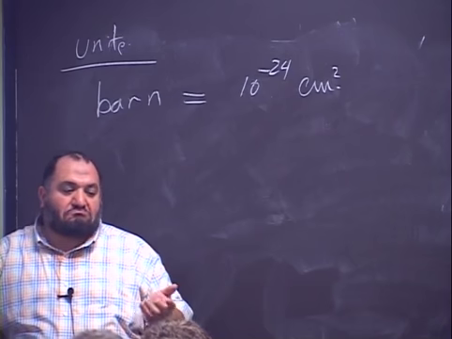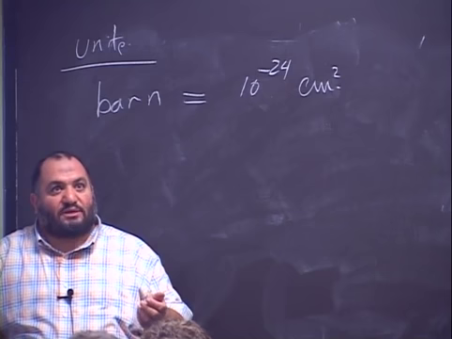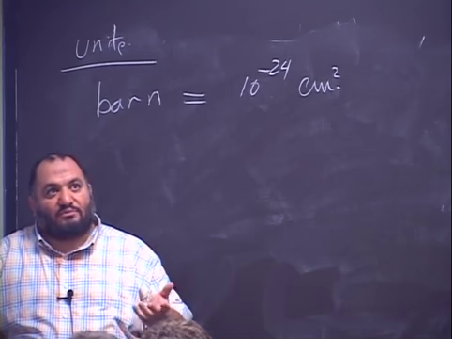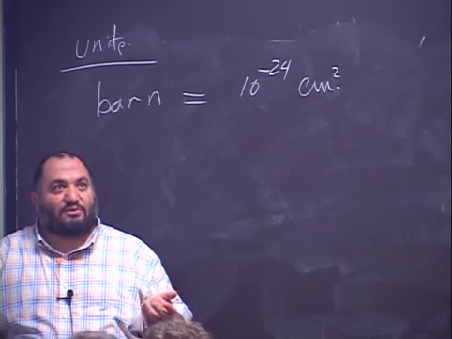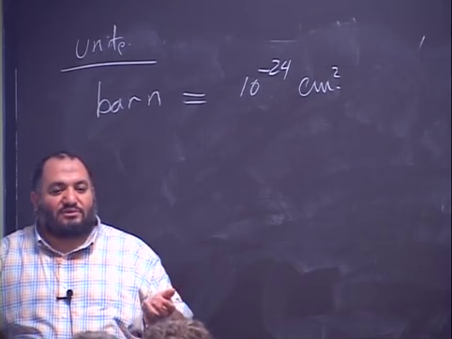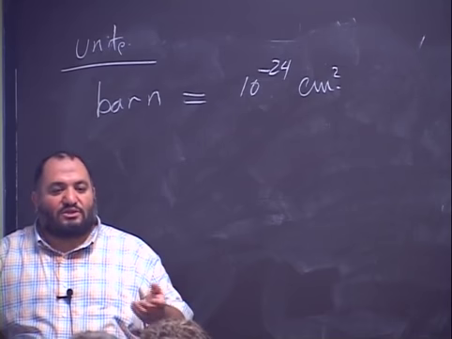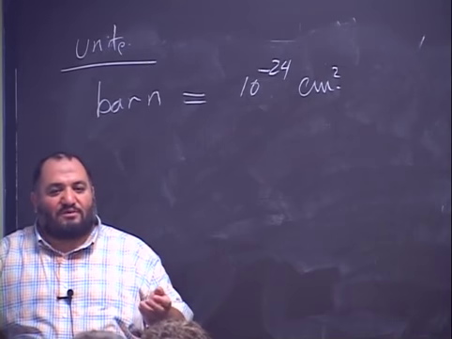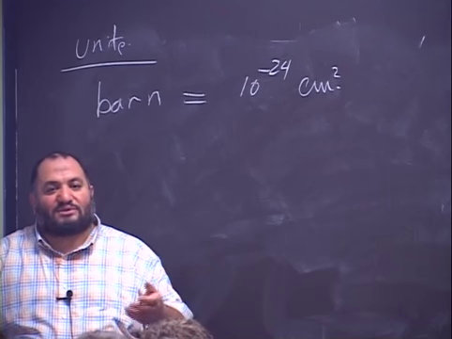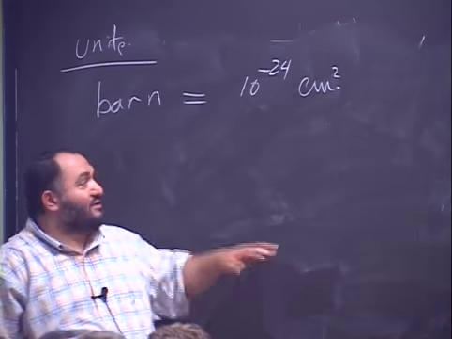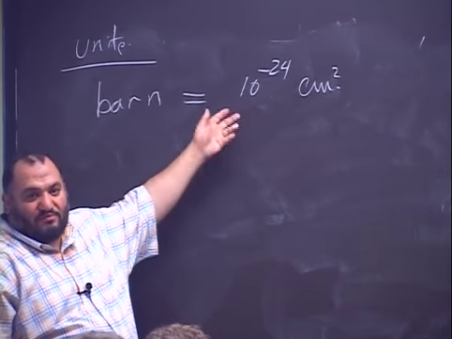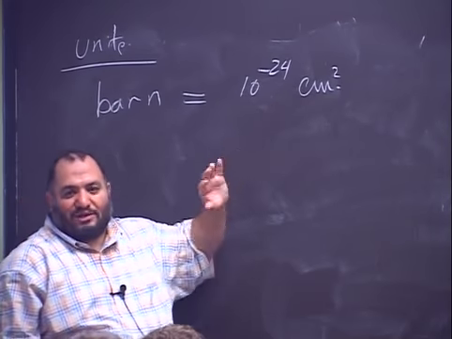And the nuclear radius will be something like 10 to the power of minus 14 or 10 to the power of minus 15. So if you just multiply by r square, which is the area of the nucleus, you will obtain roughly 10 to the power of minus 26. So this is why they are close.